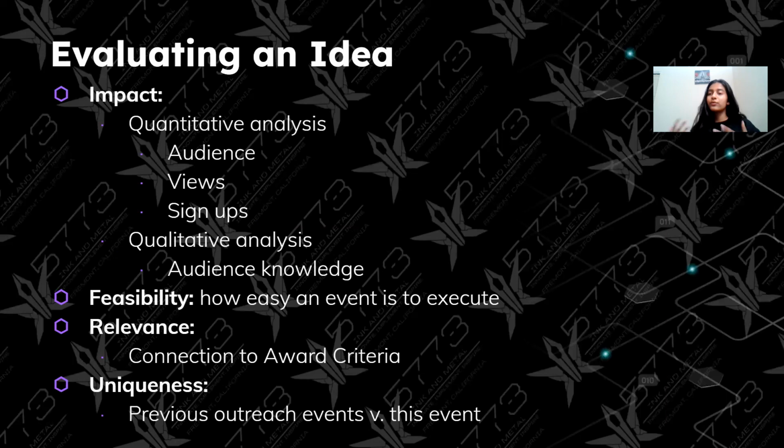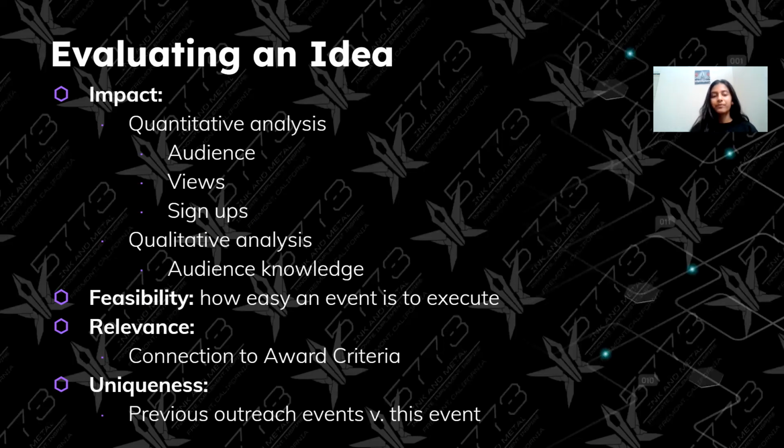If you go on the FIRST website, you can see in terms of FTC, FLL, or any FIRST competition that you're competing for, in terms of relevance and evaluating how effective your idea is, it's a great idea to go check out the award criteria to see how well your idea fits in with the criteria given in the award. This comes with a last factor called uniqueness.